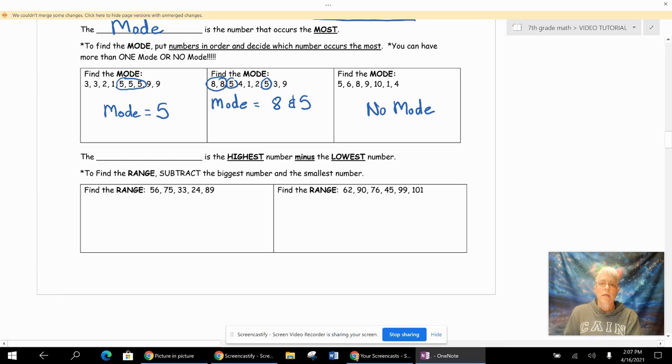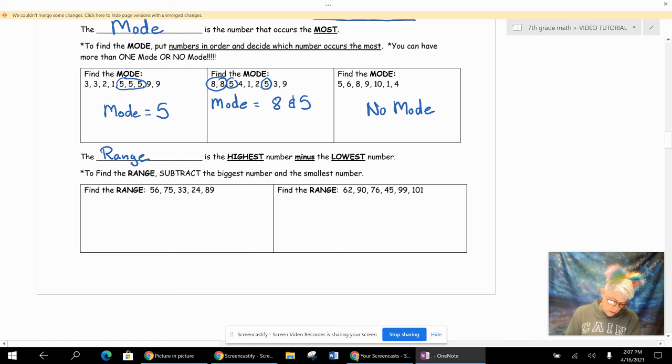Okay, this brings us to the last one, range. Range is not an average, it's not a measurement of central tendency, but we can know about our data if we know about the range of the numbers. So the range is when we take the lowest number and subtract it from the highest number. Now we have to be careful because we have to make sure that we're looking at the highest and the lowest number, because the numbers are not always in order.